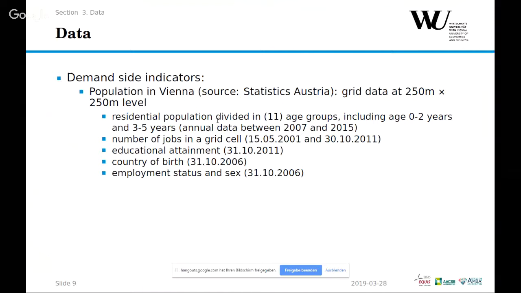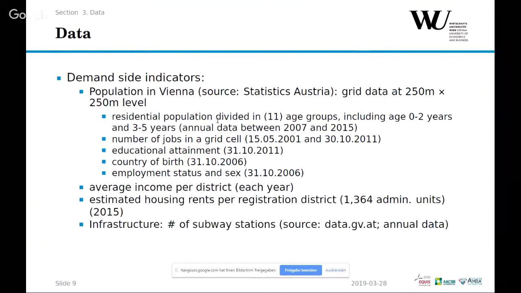And for our research, the age groups are most important so that we know how many children between the ages 0 and 6 live in a grid cell. On a bigger geographical level, we use the average income per district and estimated housing rents.